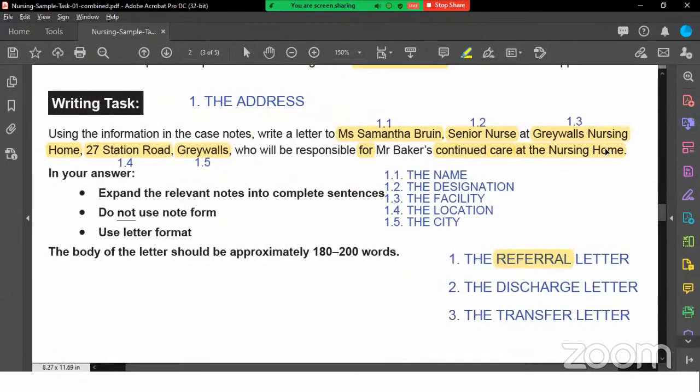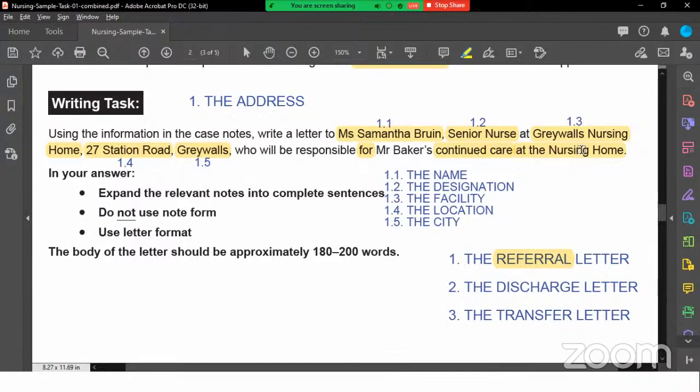The address is here. So this letter is going along with the patient to Grey Walls Nursing Home. They will be responsible for Mr. Baker's continued care at the nursing home.